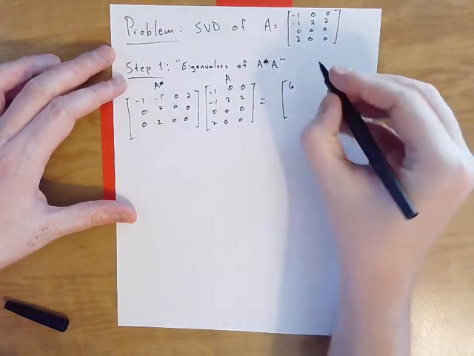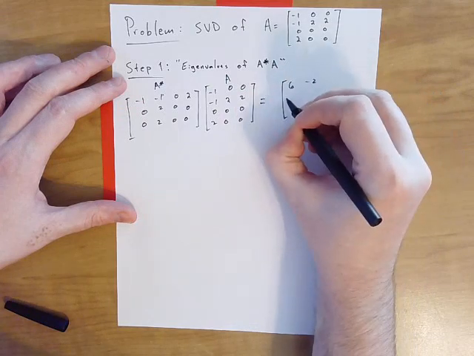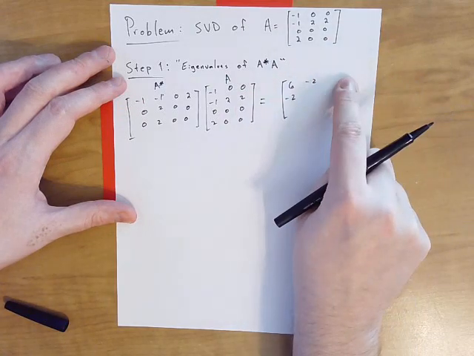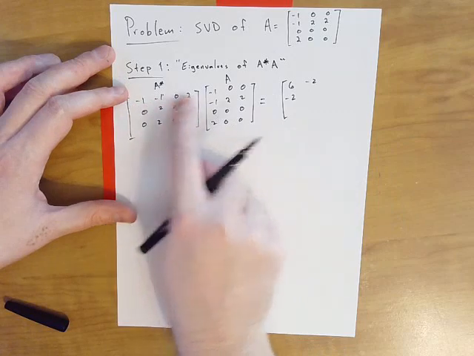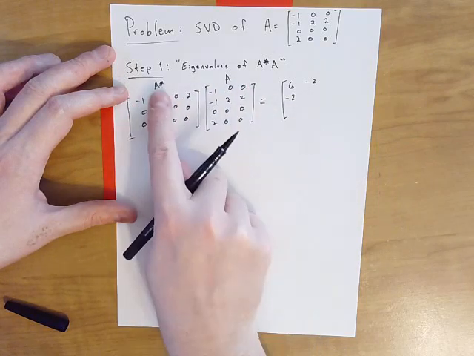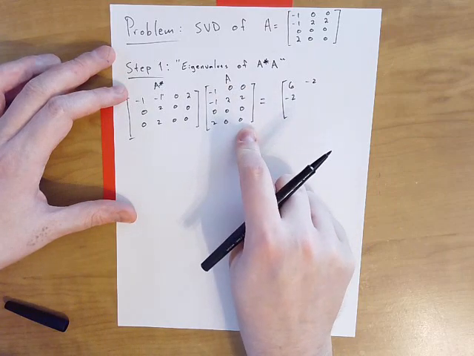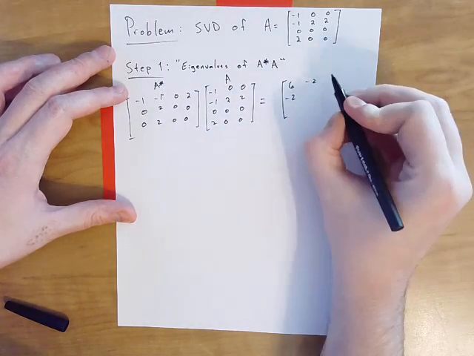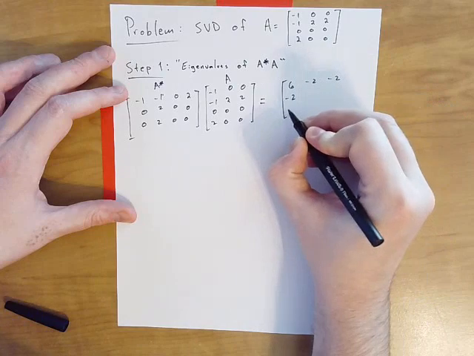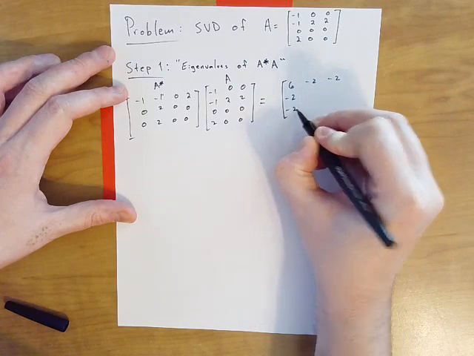So that ends up being negative 2. The 1, 3 entry is the dot product of this first row of A star with the last column of A, which is another negative 2. And so consequently, that's also the 3, 1 position.